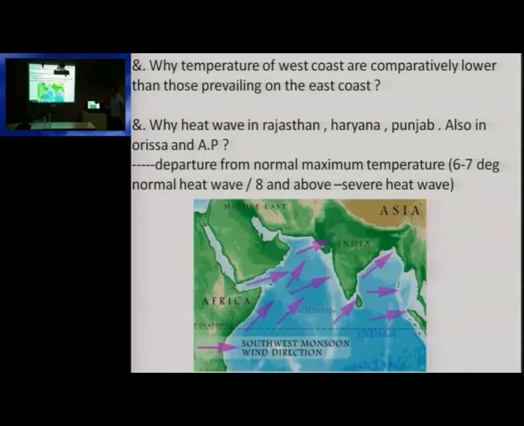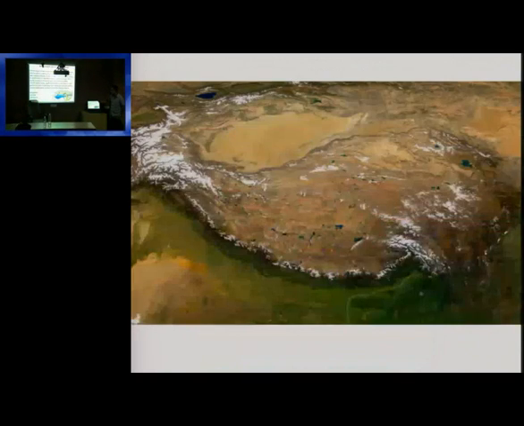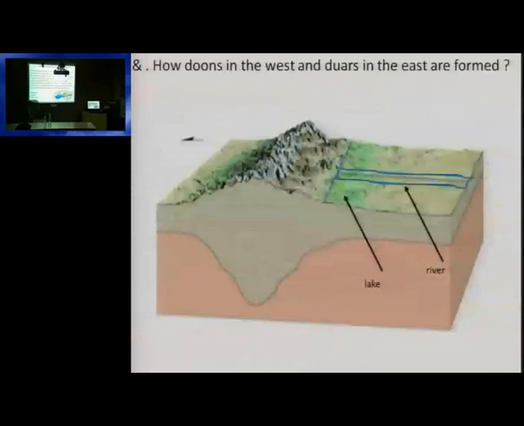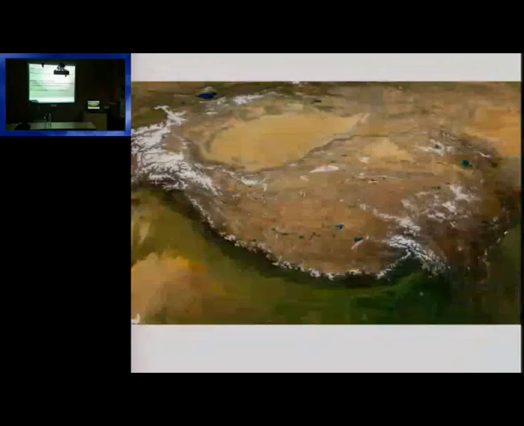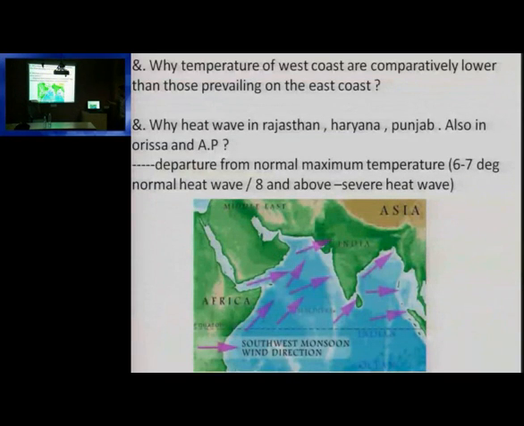We have many names for this, nor'wester, you might have heard about. That is one of the reasons why heat wave is prevalent in the AP and Orissa region. See, this is the basic definition. In PowerPoint, you can just refer to it.